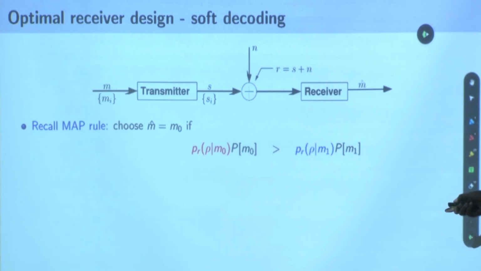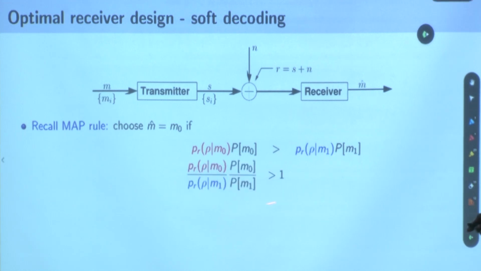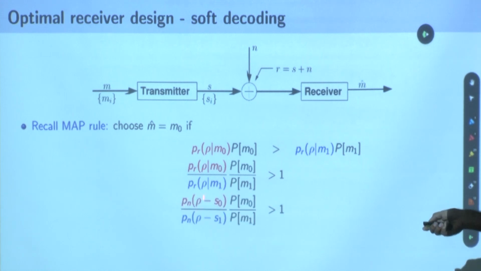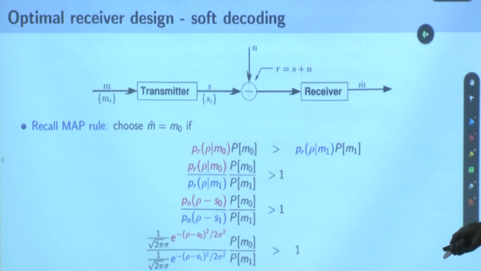So what are we saying here? Earlier we set them equal, and then we came up with a threshold. I am not doing that now. I moved it over here. Now what is this? P of r, this is the PDF, and then I have substituted this. I am not simplifying it.